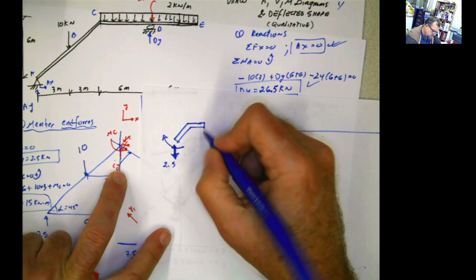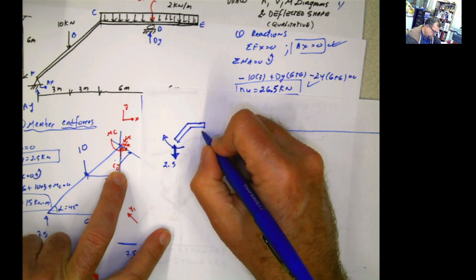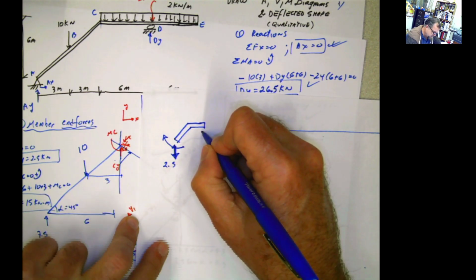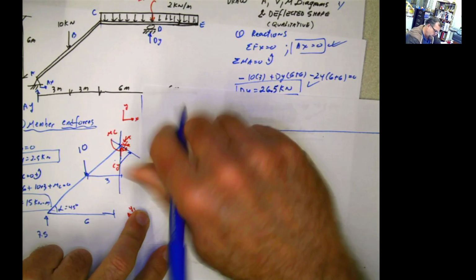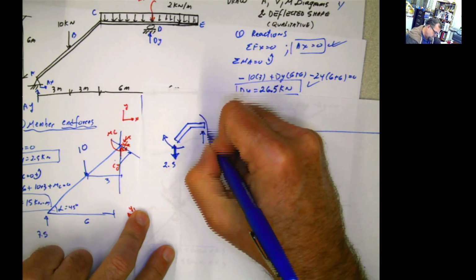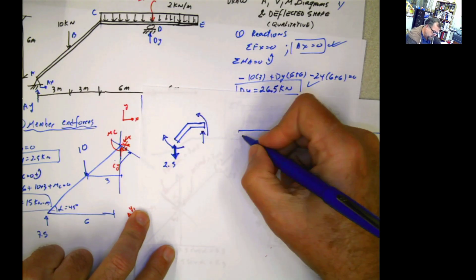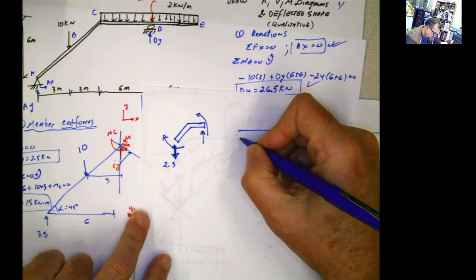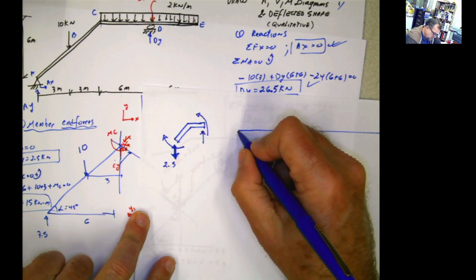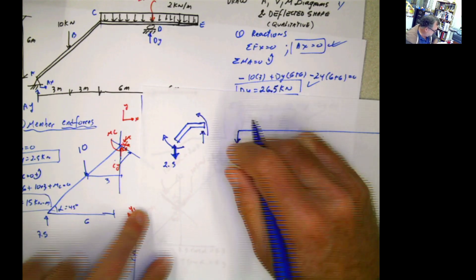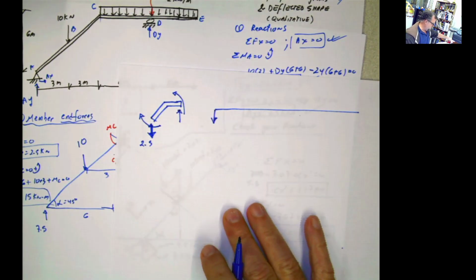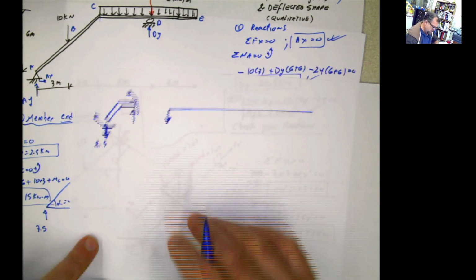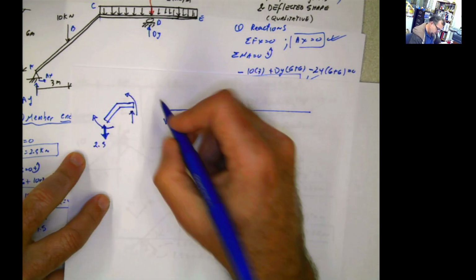Now going back to this end, this should be like that, and this should be like that. And when you transfer it to this part again, then you're gonna have this reaction acting in this way, and the moment is gonna be acting in this way.